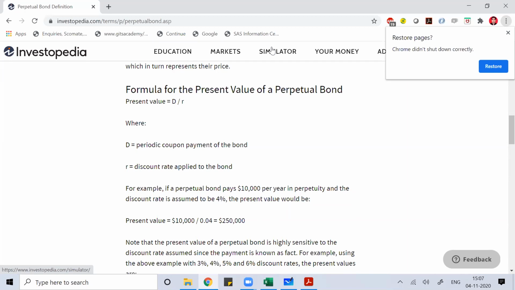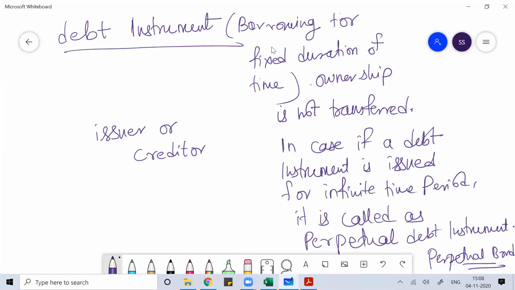For example, if a perpetual bond pays $10,000 per year in perpetuity, so $10,000 per year is the coupon they're paying, and the discount rate is 4%. What is the present value, that is, what is the price? You can find the price by dividing 10,000 by 4%, which comes to around 250,000. So I hope you got the logic about what perpetual bonds are all about.